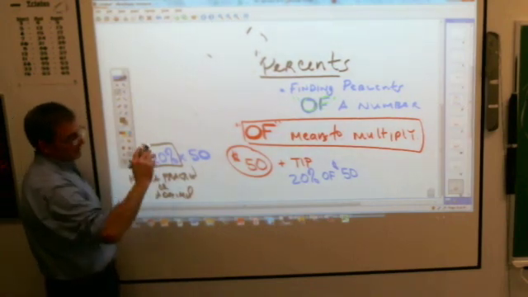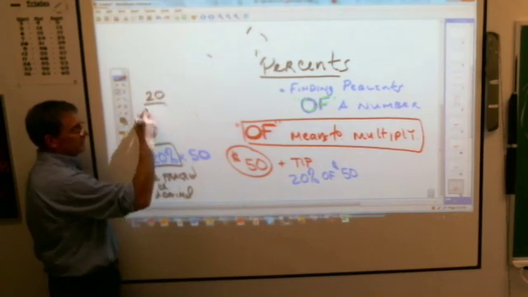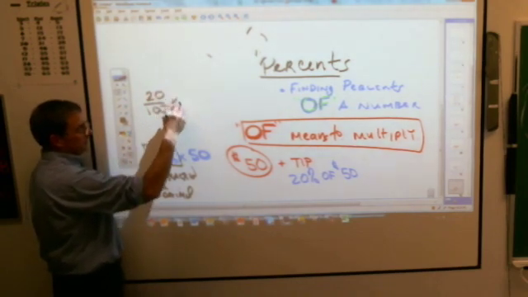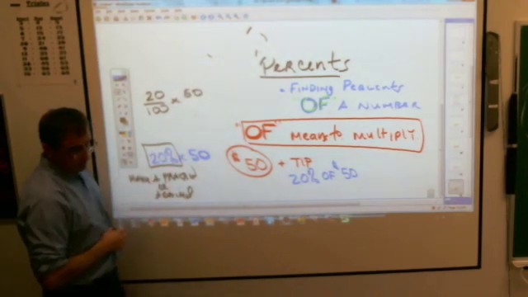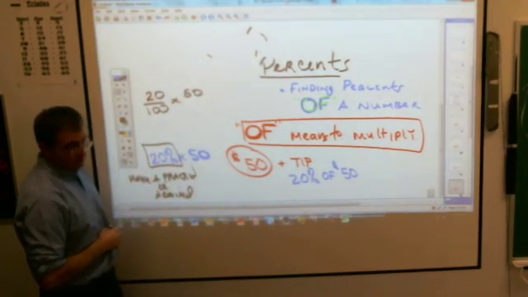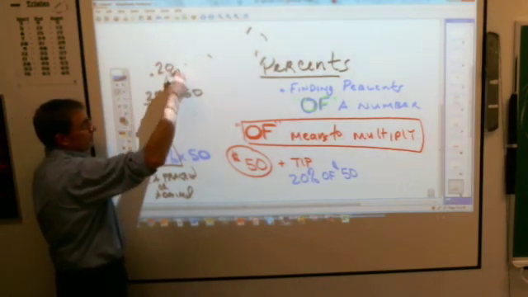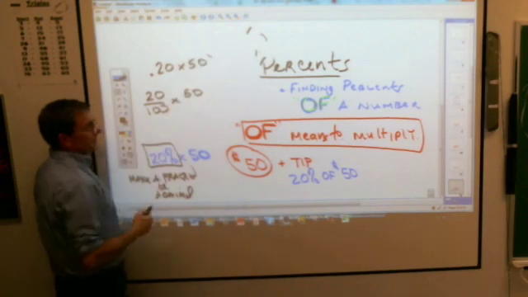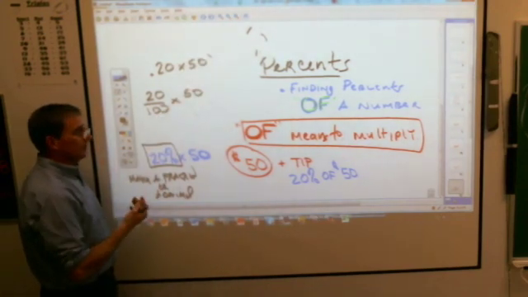What does percent mean? Percent means out of 100. So as a fraction, it's 20 over 100 times 50. Or as a decimal, how do you write 20/100ths? 0.20 times 50. Either one of these will work to find your answer.